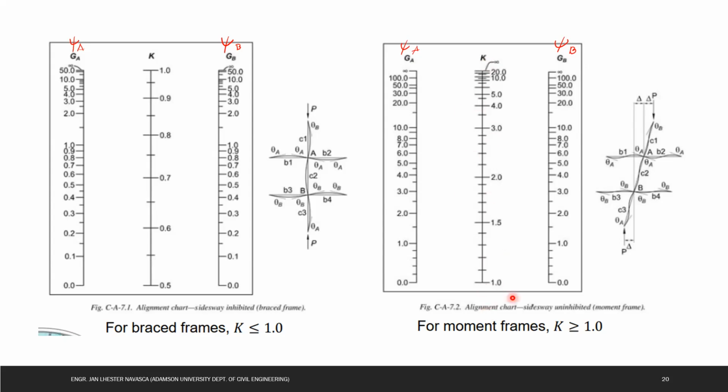Since the elastic curve, or the deflections, in a braced frame follow these assumptions, it is always like this. And for moment frames, they have this large deflection delta. That is why you have a value of K that is much greater than 1.0.